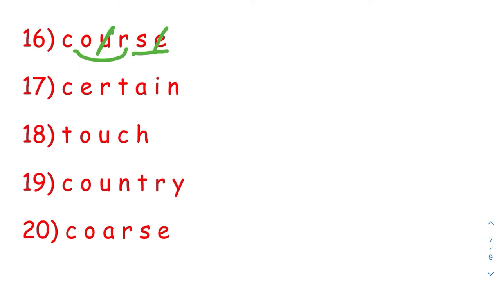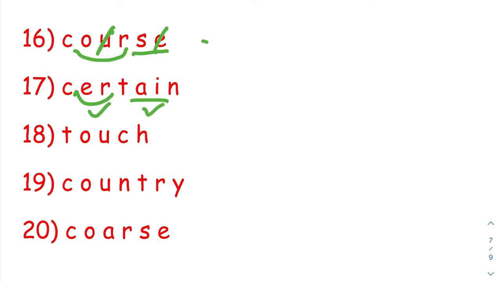So definitely a red word. And this is kind of like a course, an obstacle course that you might run, or that path or something that you walk on. Or a dish, right? You have a main course where you're eating your main course and then your desserts and such.